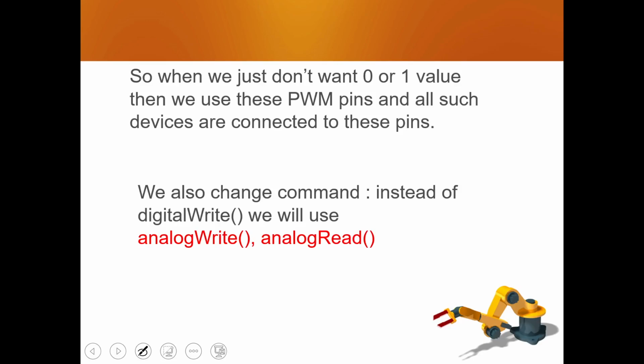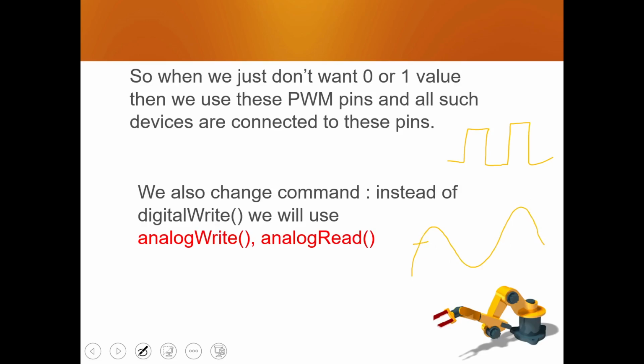We also change the command. Instead of writing digital write, which is what we did in the past few exercises, in this case we are not just going to switch it on and off; we are going to make it more like analog. Here it's not on and off, here we have to control the speed.